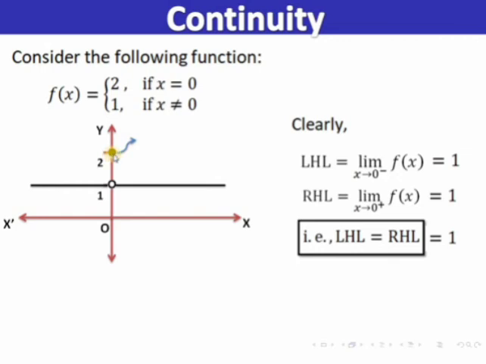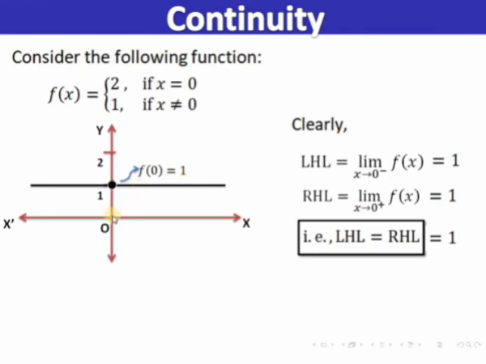For example, this is what? This is f of 0. The value of function at 0 is how much? 2. Okay, now if I shift this point to this point, now in this case your f of 0 is how much? 1, isn't it?